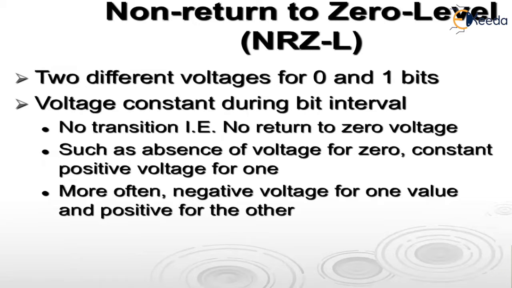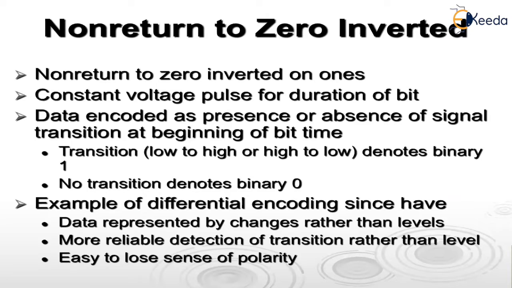Absence of voltage is used to represent binary 0 and constant positive voltage is used to represent binary 1. More commonly, a negative voltage represents one binary value and the positive voltage represents the other. This is known as non-return to zero level.